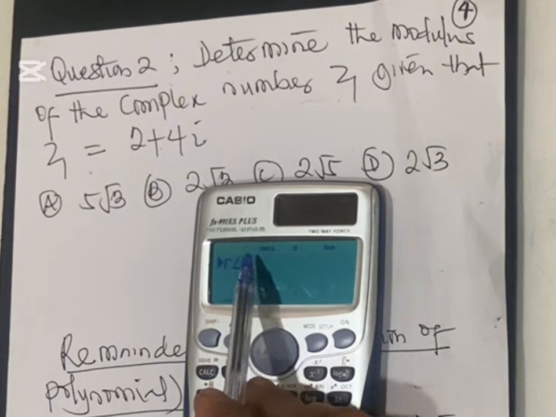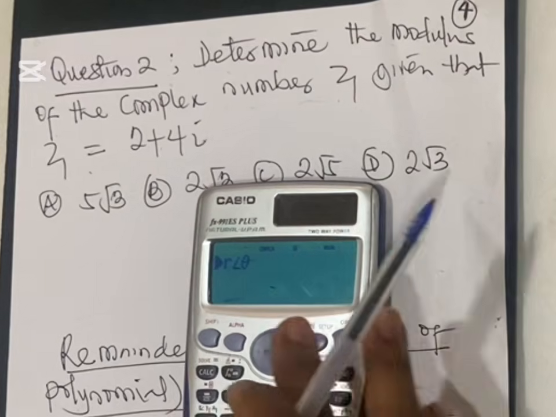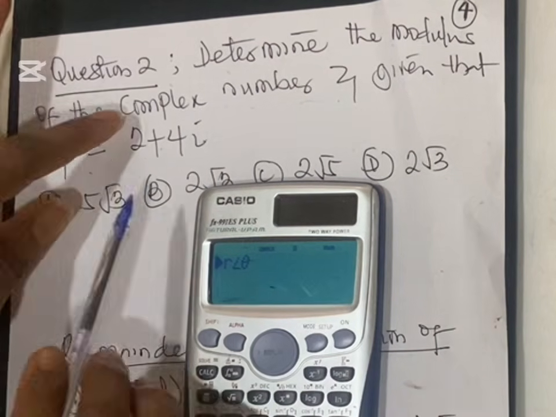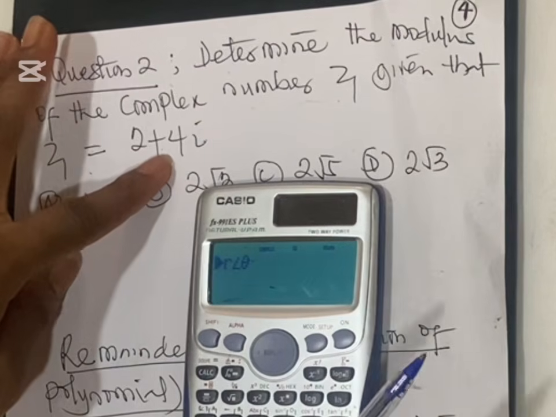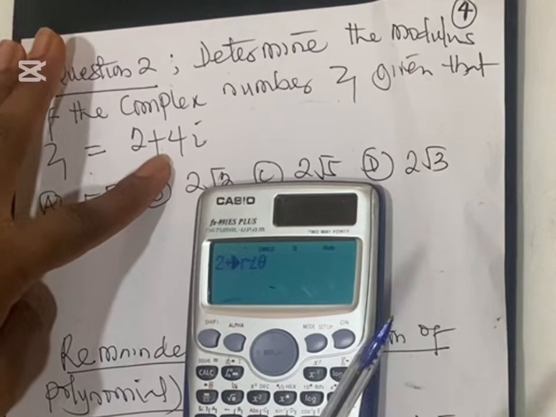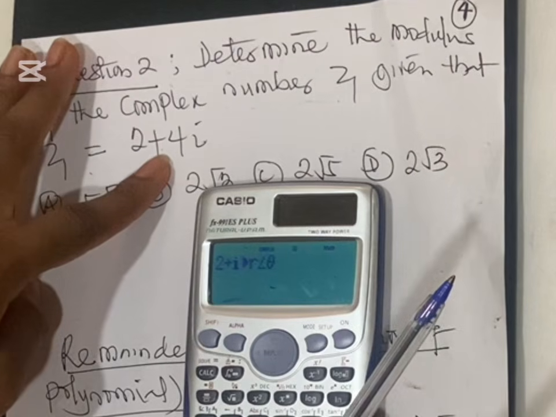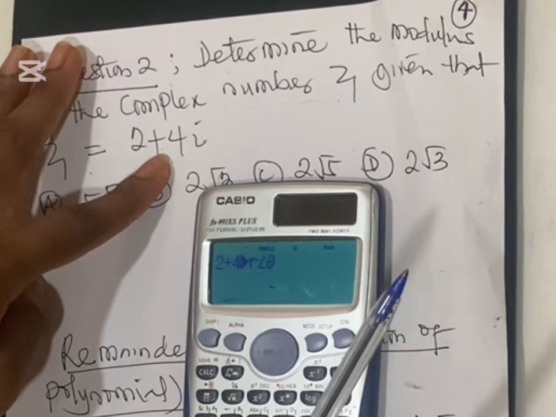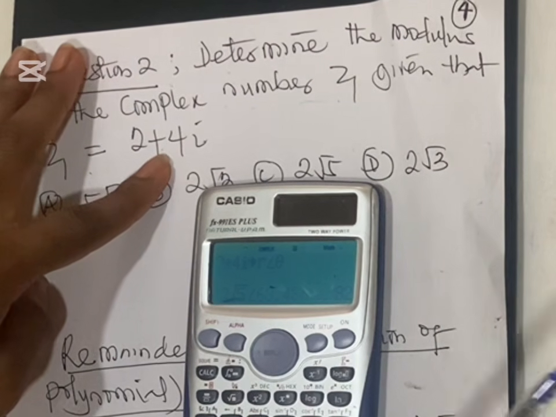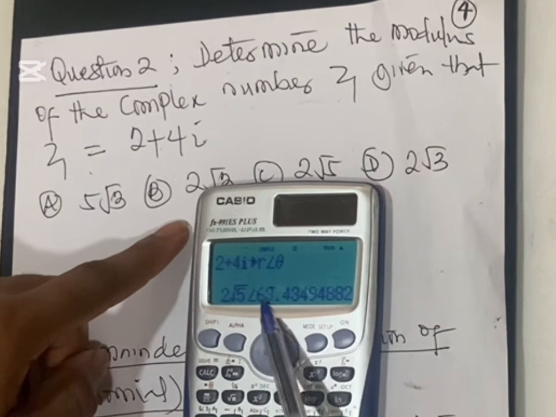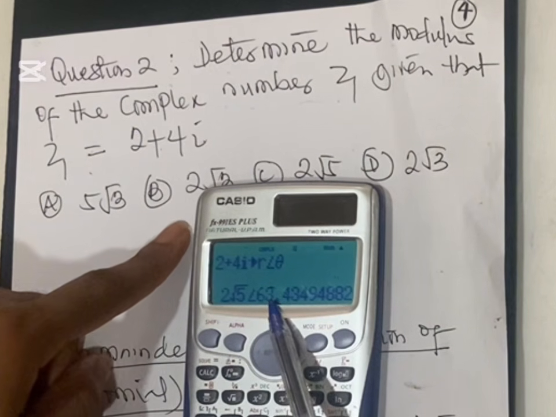So class, we shift this cursor here to the end. What is the complex number given to us here? 2 plus 4i. So type it the way it is, 2 plus 4i. You press equal to, so this is 2 square root of 5. Angle is 63 under approximation.